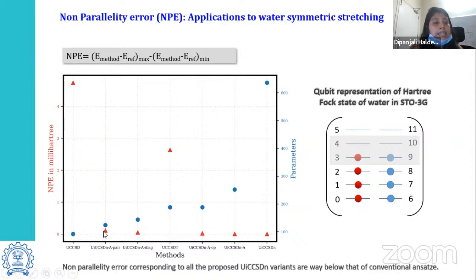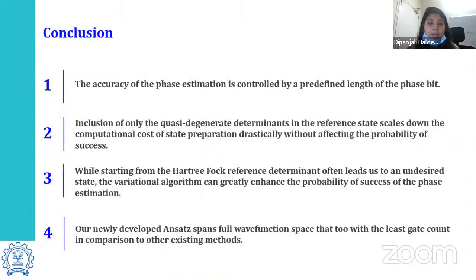Whereas our least expressible ansatz, which is the UICCSD and A pair ansatz, has a very, very low NPE with only a few additional gates. So we can say that our ansatz strikes the right balance between expressibility and the lower gate depth requirement.